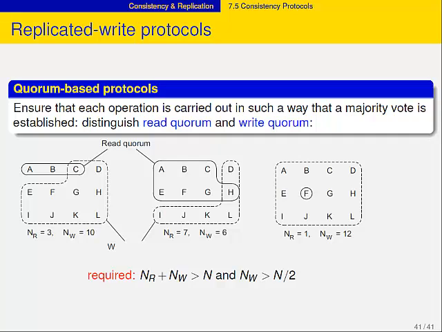To make this very specific, I will talk about the number of servers you need to contact to do a read, plus the number of servers you need to contact when you're doing a write. That should be greater than n, the total number of servers. If I guarantee that, then I will be guaranteeing that any read set will always overlap with a write set. Okay?